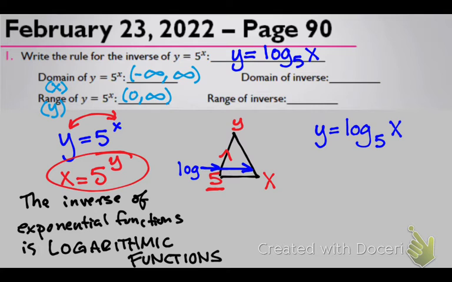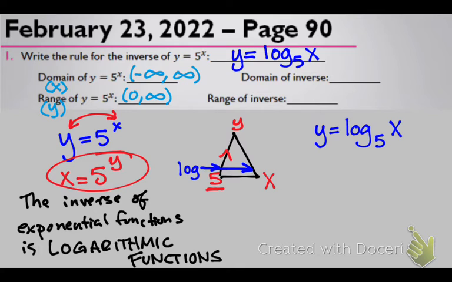Okay. So those are our domain and range of our original function, our exponential function. When we went from our original function to our inverse, we switched our x and y's. When we look at domain and range, those represent our x's and our y's.